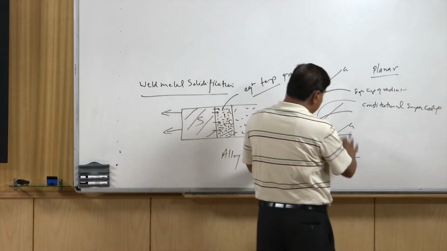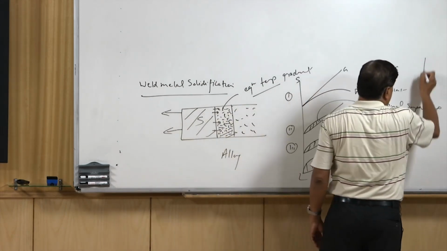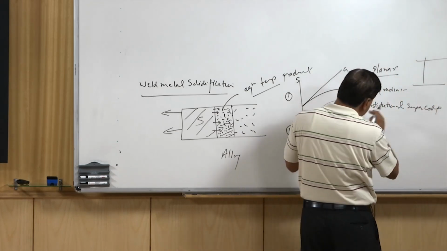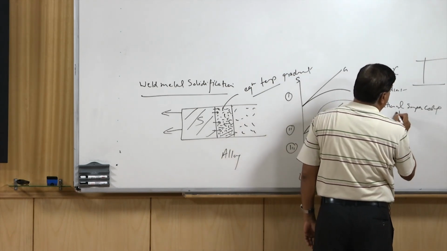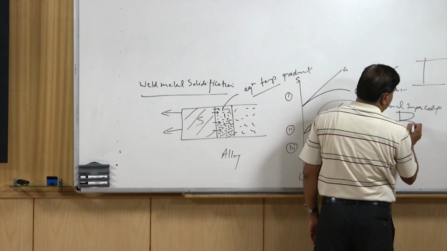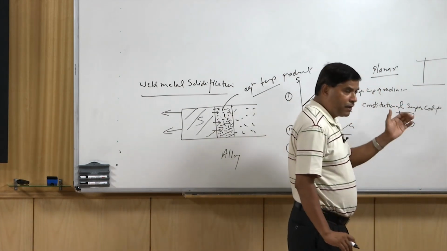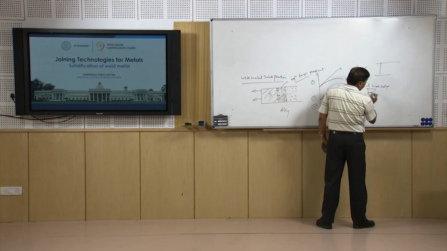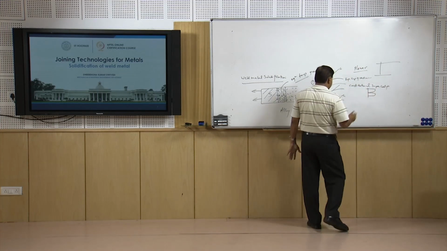As the extent of constitutional supercooling increases, the solid-liquid interface which was completely plane breaks when the constitutional supercooling just starts, and it results in a cellular grain structure; the plane interface is disturbed and cells start to grow.